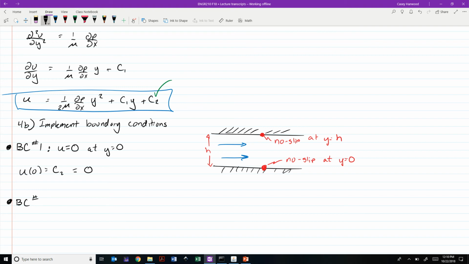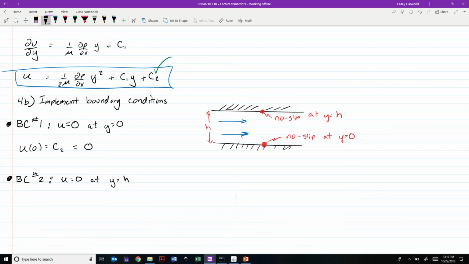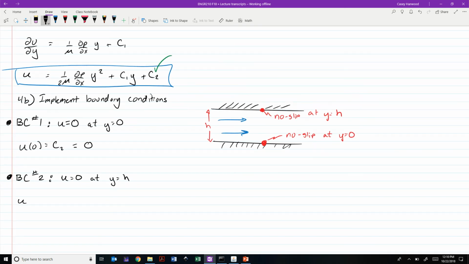Boundary condition number 2, we say that u is equal to 0 at y equals h. So u of h is equal to 1 over 2 mu dp dx h squared plus C1 h, equal to 0.